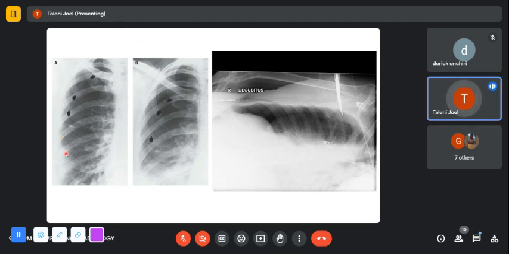This is showing the effect of an expiratory radiograph. In A, this is the patient's first X-ray, and there is a pneumothorax. Then an expiratory radiograph was done, and now the pneumothorax is much more visible because the lung has collapsed a bit and moved away from the chest wall.